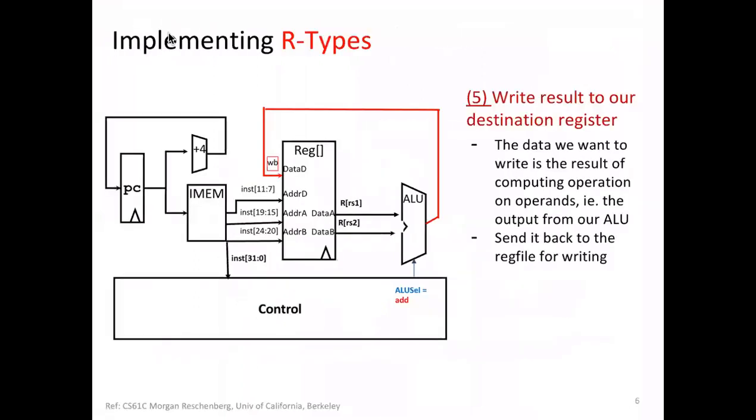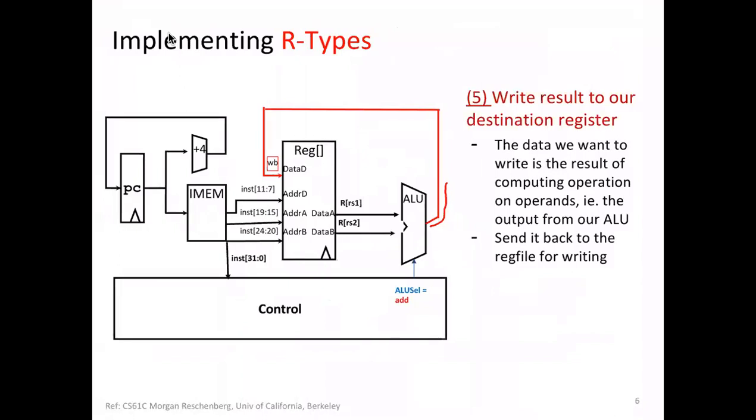Then we came to R type instructions and the data path for that. We then added this red color line that is shown here, where the output of the ALU goes to the register input.